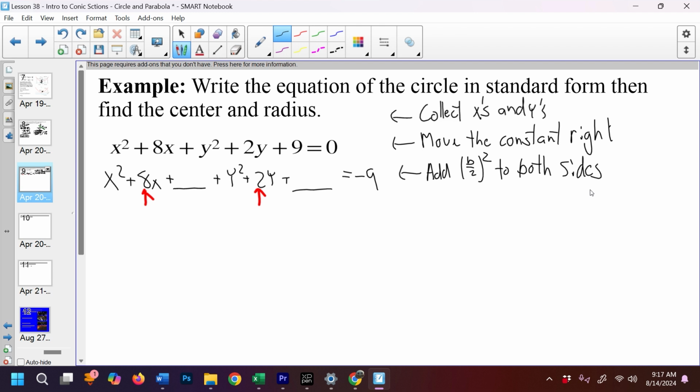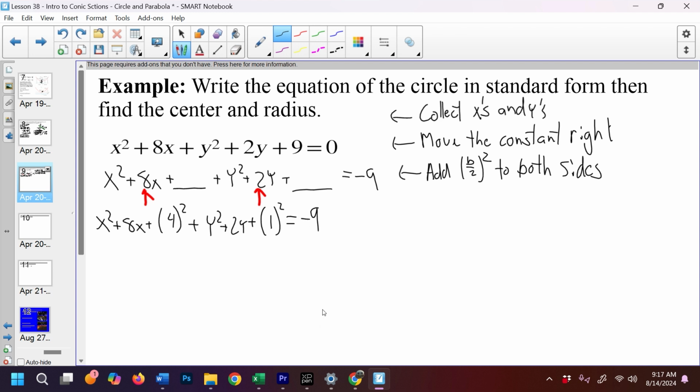We have to do it for the x's and the y's. So I'll have x squared plus 8x plus half of 8 is 4. We're going to square it. Plus y squared plus 2y. Now half of 2 is 1. And we're going to square that. And I have my minus 9 stays the same.